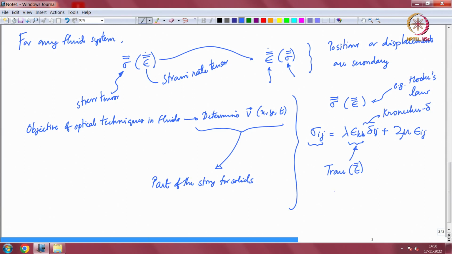Just so that we are all on the same page, the Kronecker delta function is 0 if i is not equal to j and is 1 if i is equal to j. So, it is basically like an identity matrix, okay. And it does not matter if you have not seen this before, at least you know about Hooke's law I am guessing. The force is proportional to the displacement for instance, or the stress is proportional to the strain, and that tells you that the stress is a function of the strain tensor, okay.